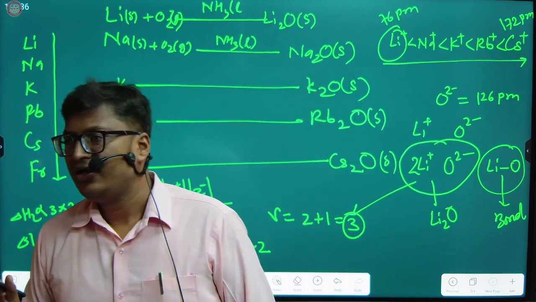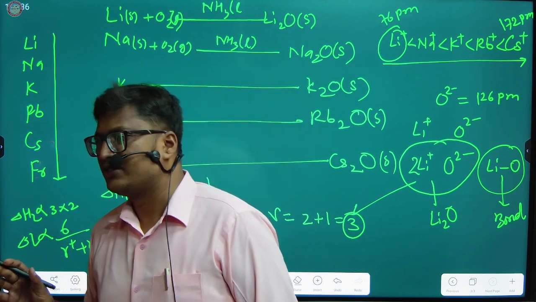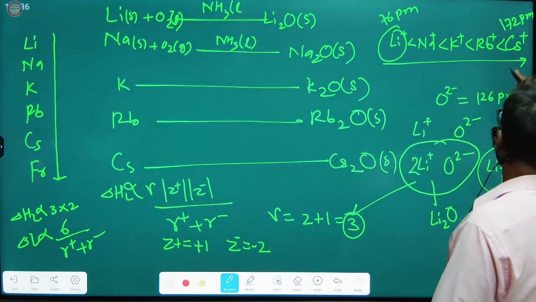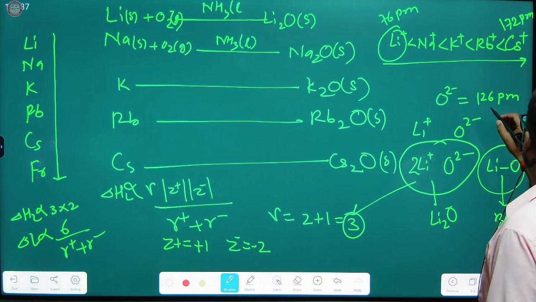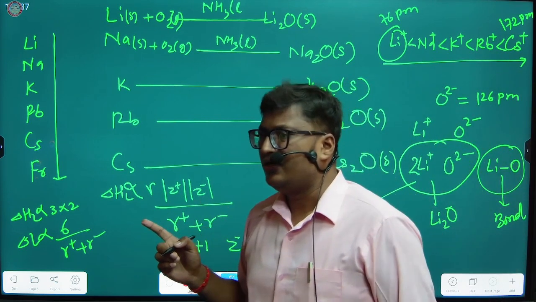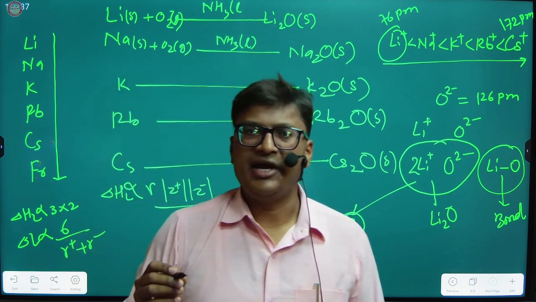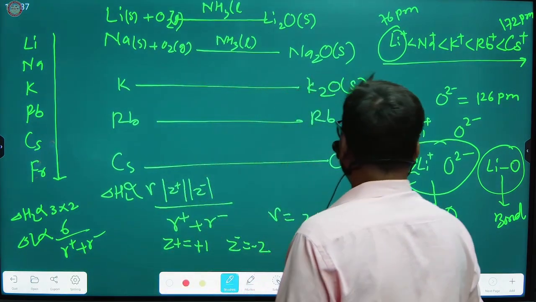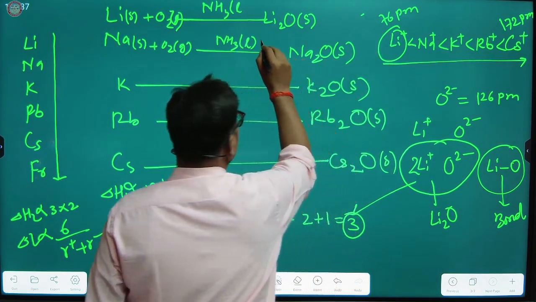So it will destabilize oxide ions because it has very large size. So 172 picometers, and here oxide ion has 126 picometers. So it will not be able to stabilize oxide ions. Okay, so the stability decreases.